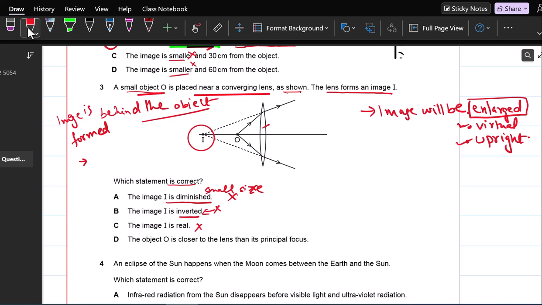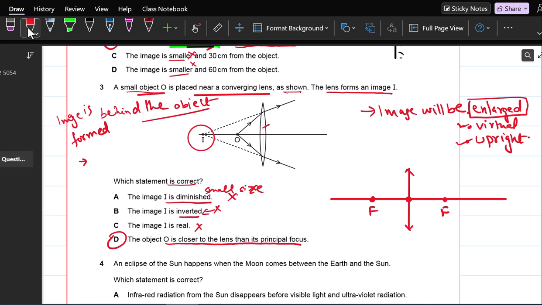So D is the object O is closer to the lens than its principal focus. So D is right here. And one more thing, suppose this is the lens and here I am having the principal axis. This is the center of the lens. Here I am having the principal focus, and here I am having the principal focus.